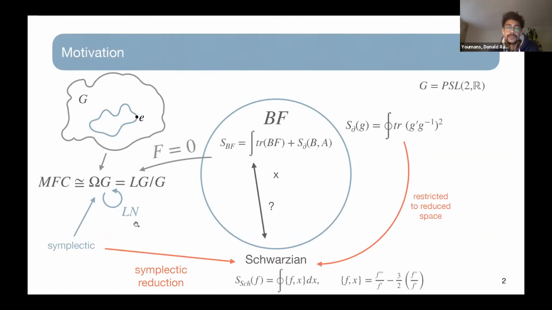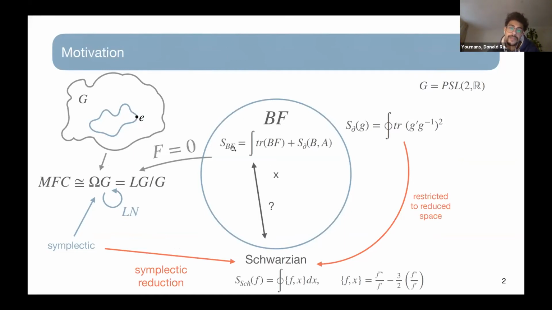The idea is to do the symplectic reduction of this moduli space. And it turns out that if we do this for the correct group, then this action, the particle on the group, restricted to the reduced space is just the Schwarzian action. The symplectic reduction in this case is called Drinfeld-Sokolov reduction.